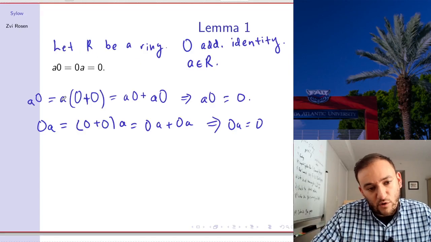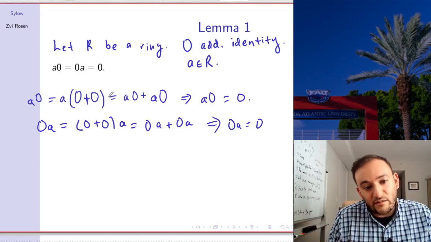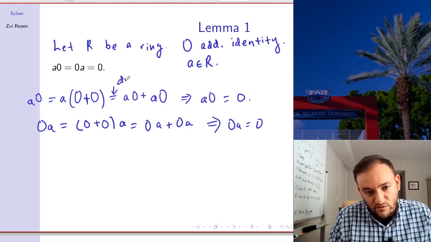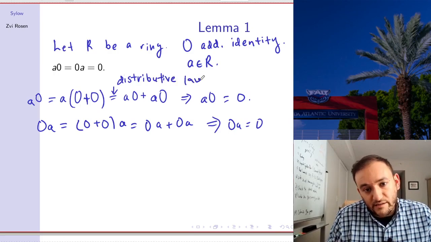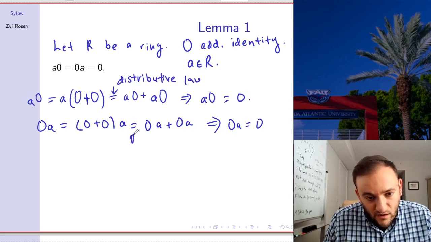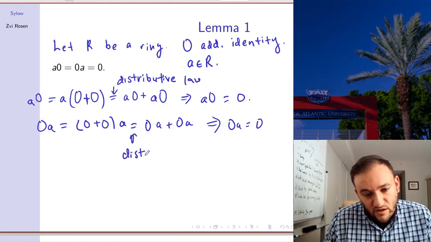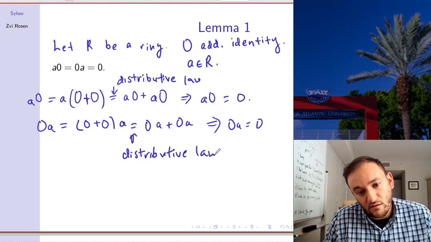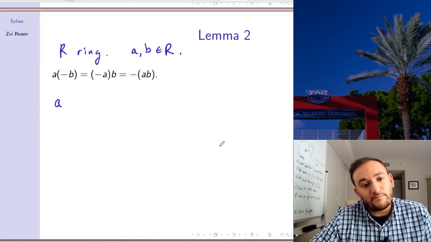I should have made it more clear why I can do this: it's a result of the distributive law, one of the axioms of rings. Remember, there's a distributive law on the left and on the right.